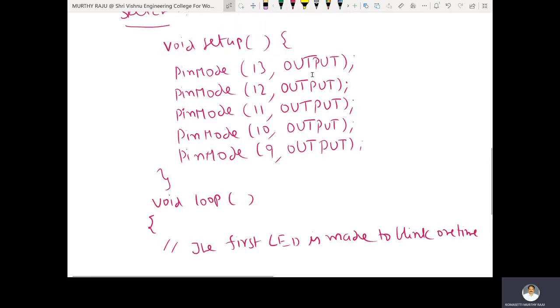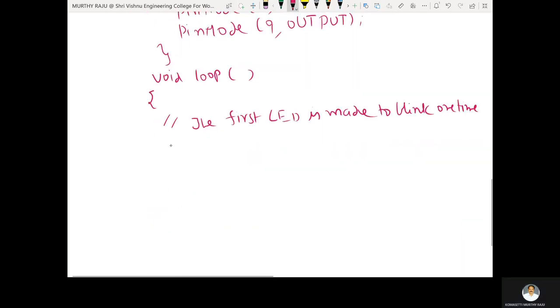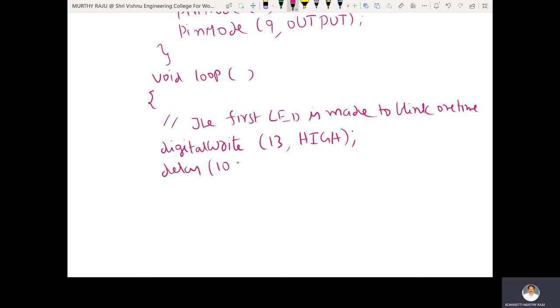First pin is 13. Digital write, pin number is 13, set high. One time blinking means high and low. High, delay 100 milliseconds.